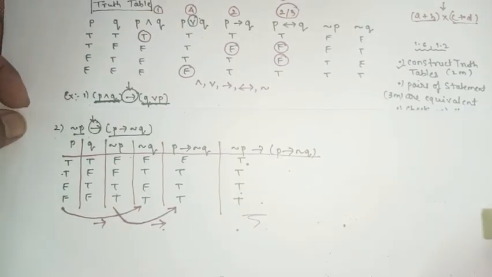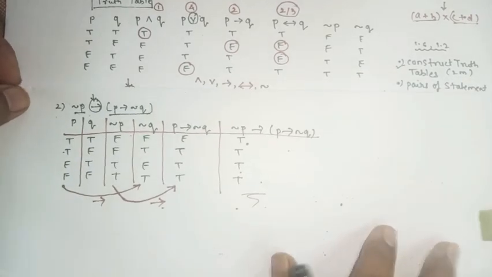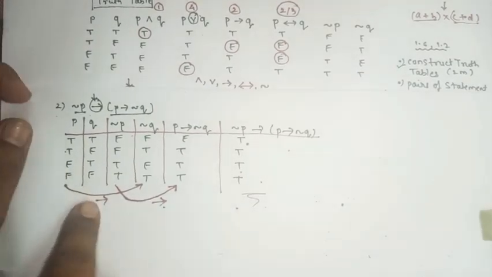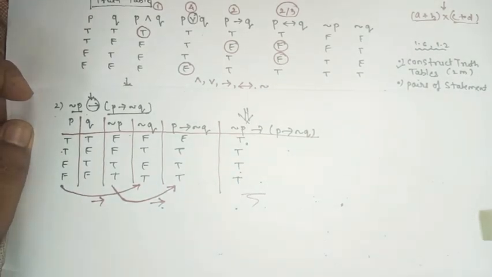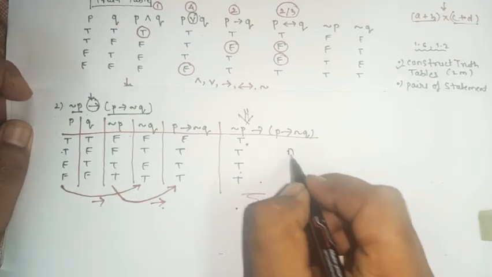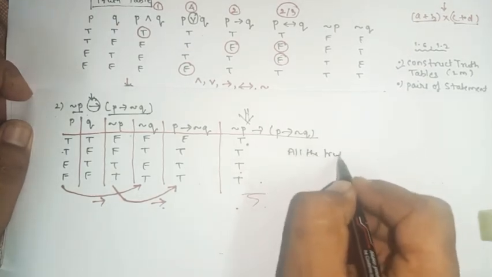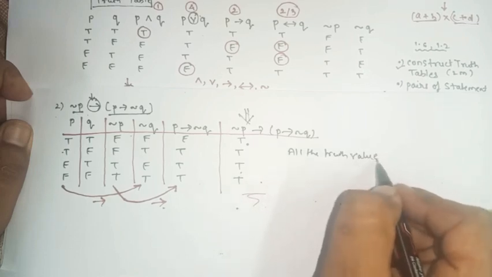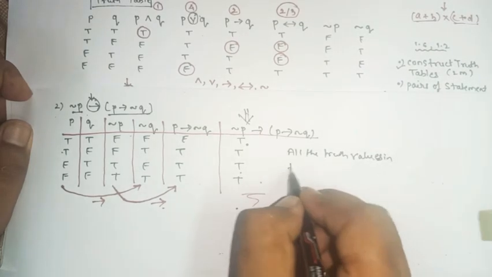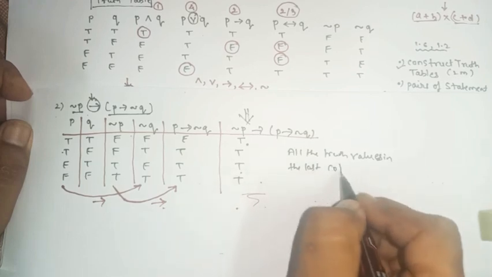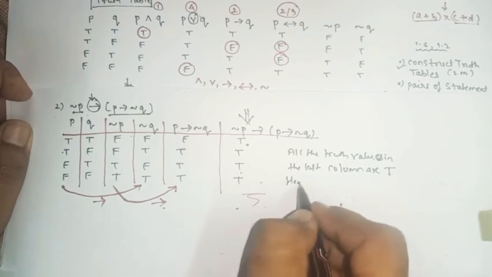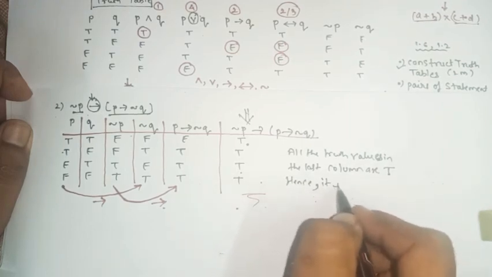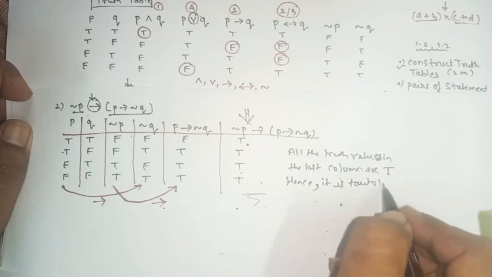Okay, we'll see the second sum. Already solved. For the second sum, see the last column, all the values are true, so here you will write: all the truth values in the last column are true, hence it is tautology.